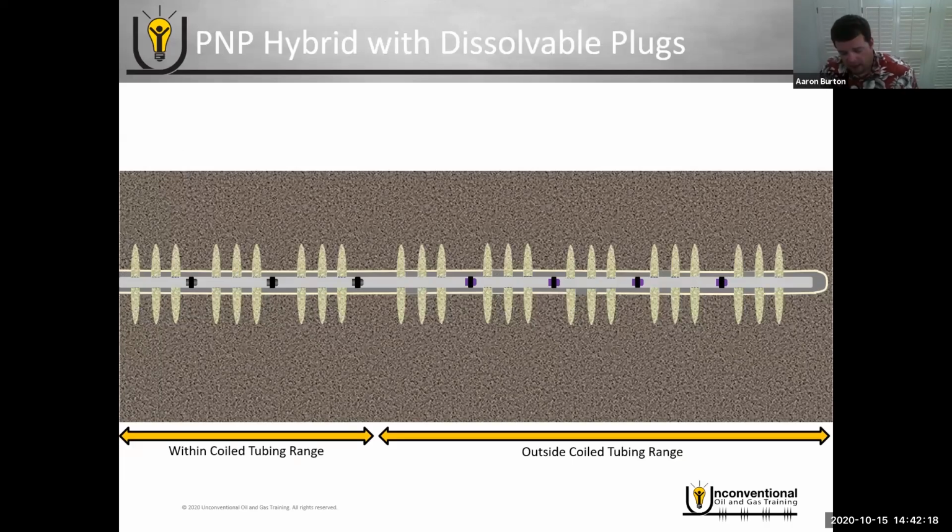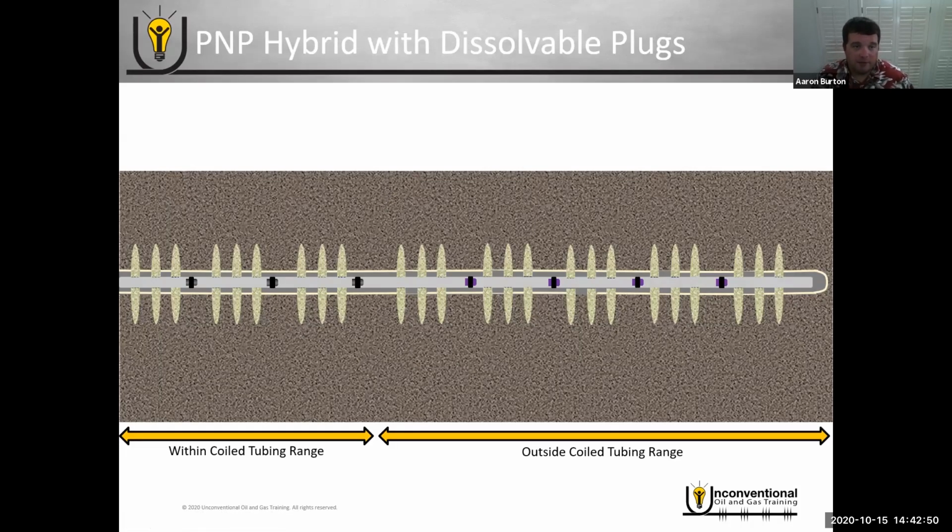With the dissolvable plugs, some operators are doing full wellbores, but in most plays, especially oil plays, they are mostly run as a hybrid system. They'll run dissolvable plugs outside of the range of coil tubing, where they feel safe milling out with coil tubing, and then they run traditional composite plugs within the range of coil tubing that they can mill out safely and easily.